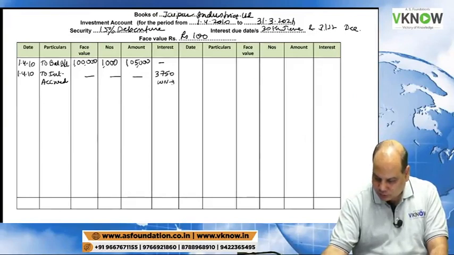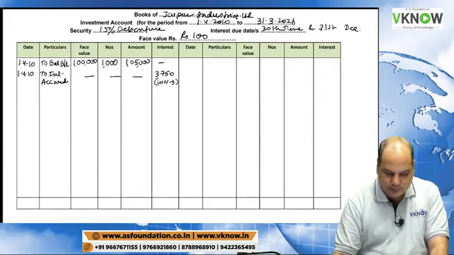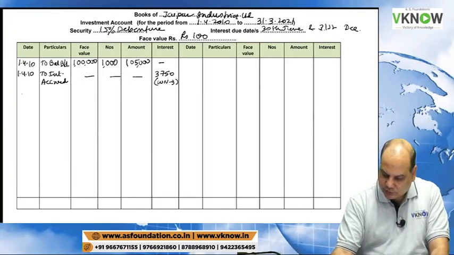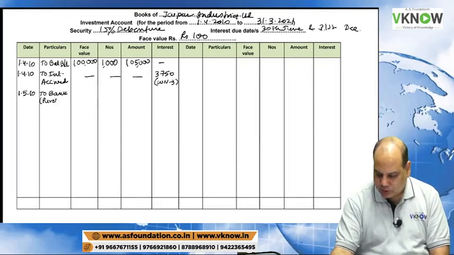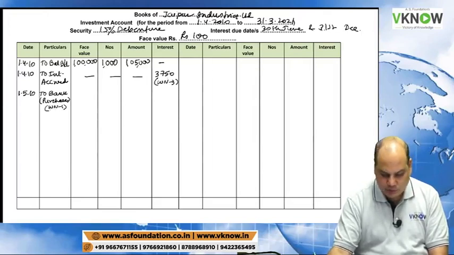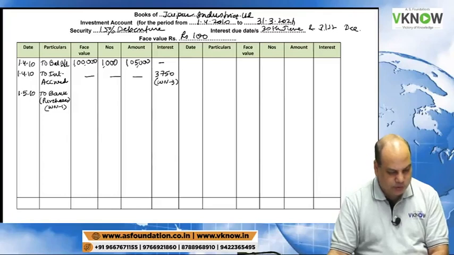Here, working note 3. Then we have made two purchases. We'll write down 1510, to bank, purchase. Working note 1. So how many units have we purchased?